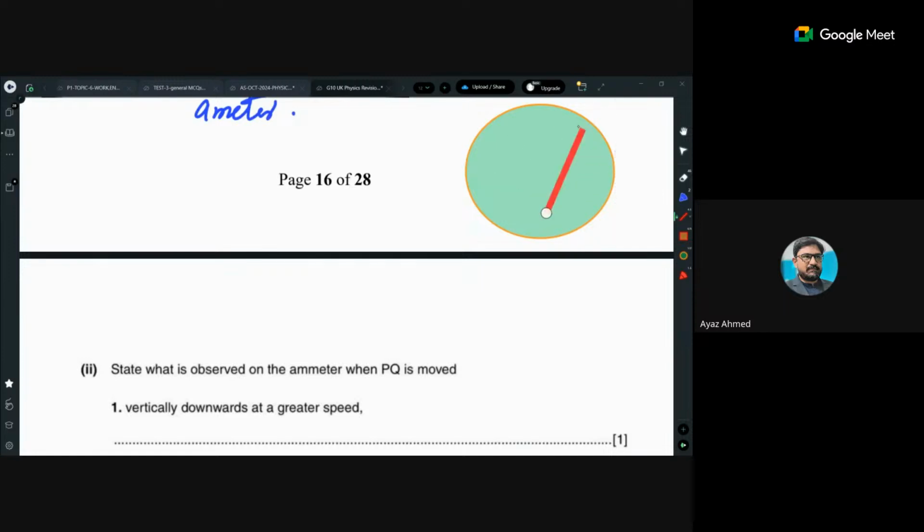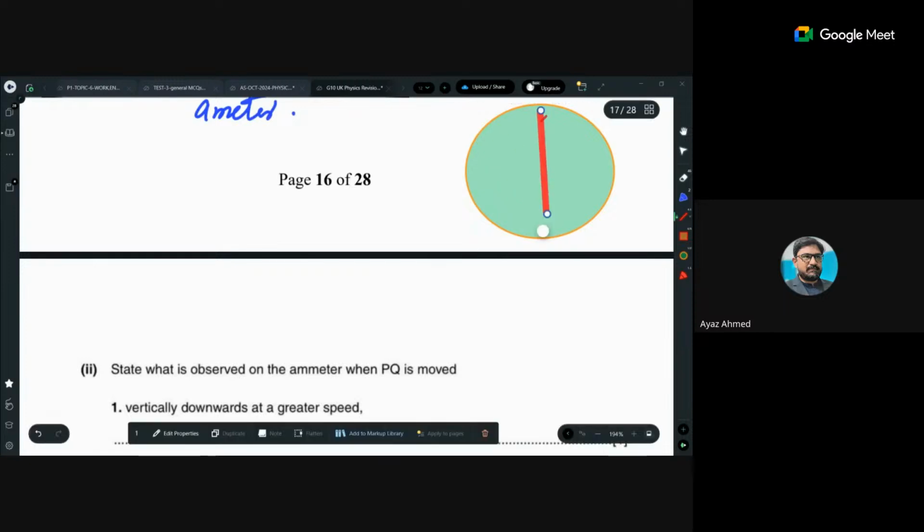This is deflection. Initially it would be over here. It will deflect on one side, and when you stop moving the wire, it would stop. When you move the wire in the opposite direction, it would move in the opposite direction. So this is the deflection.